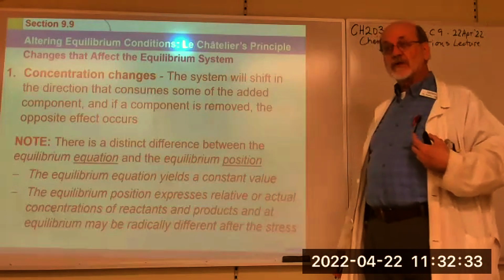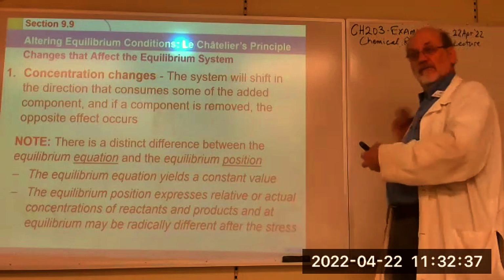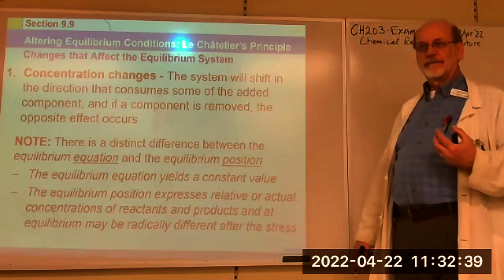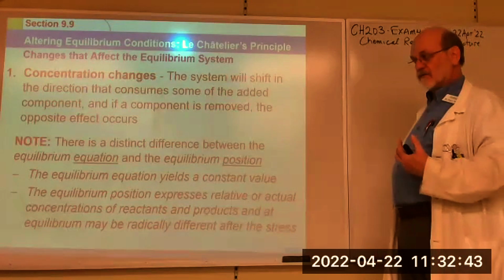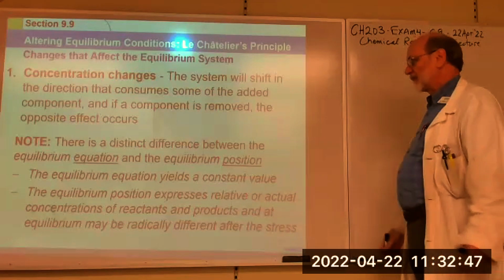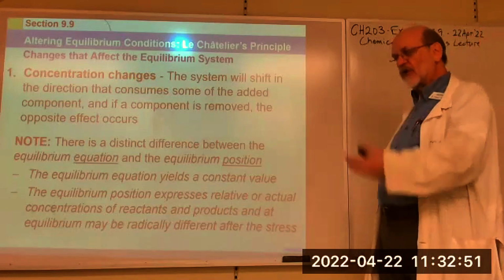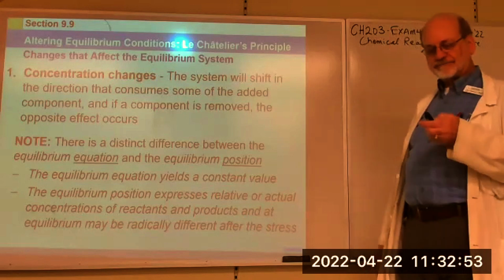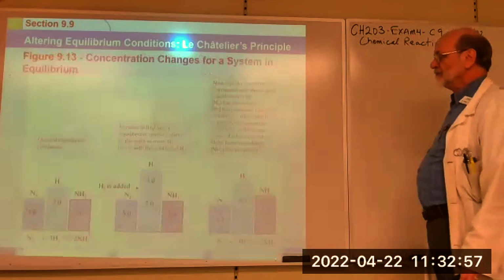Well, if you remove ammonia now and you put those gases back in the reaction vessel, they're going to shift toward more ammonia. Because you remove that from their equilibrium state, and now they're going to react some more and reestablish equilibrium. So you can add or subtract reactant or product and disturb the equilibrium. That's one way to disturb the reaction.